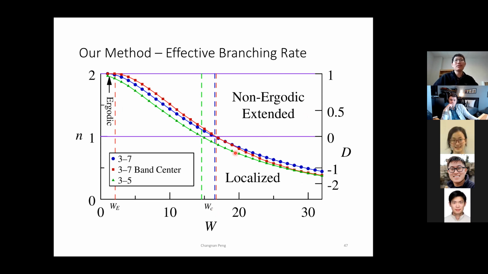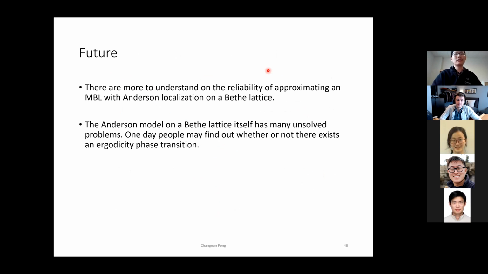What it means to have three lines or three values of W_C, I will ignore those details here because of the time. So some future research might be, first, to understand how reliable are these approximations we made from a many-body localization system to an Anderson localization model on the Bethe lattice.